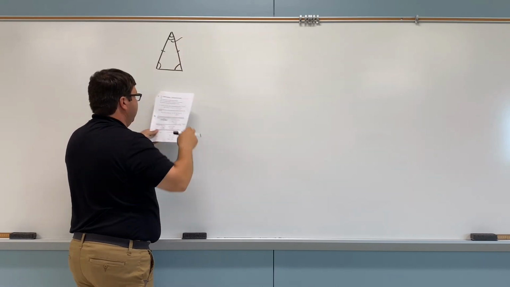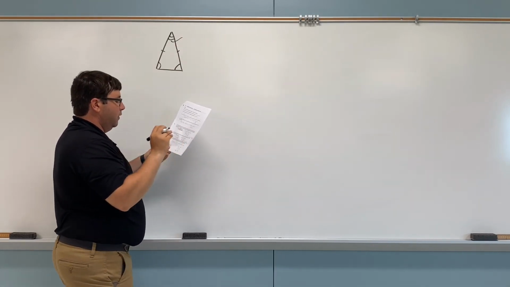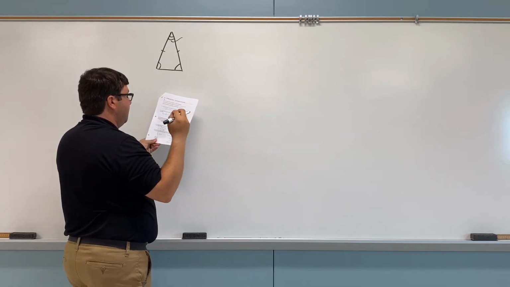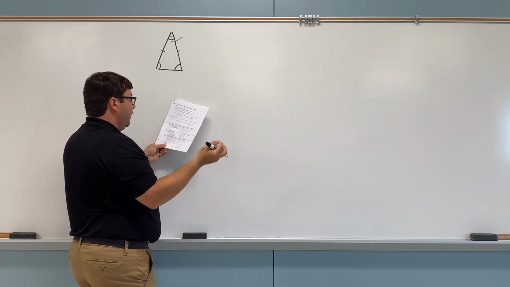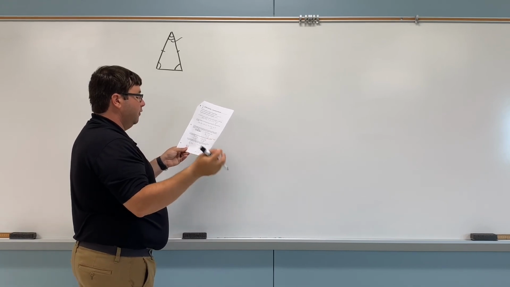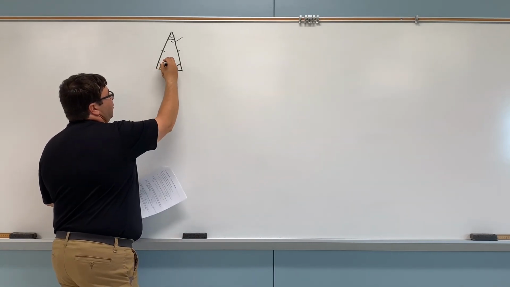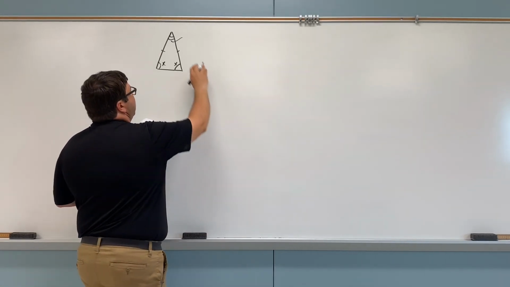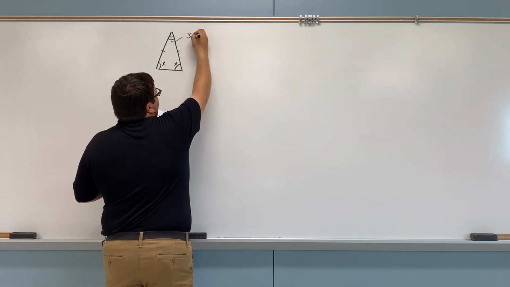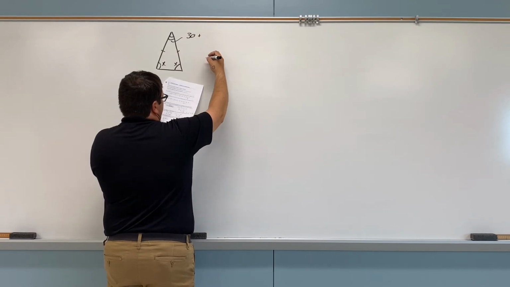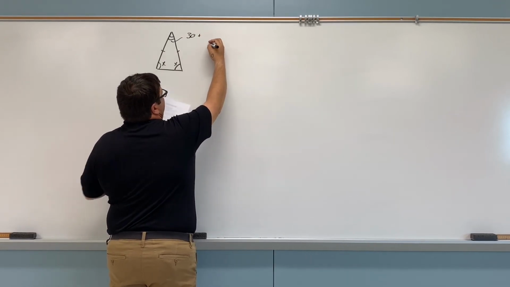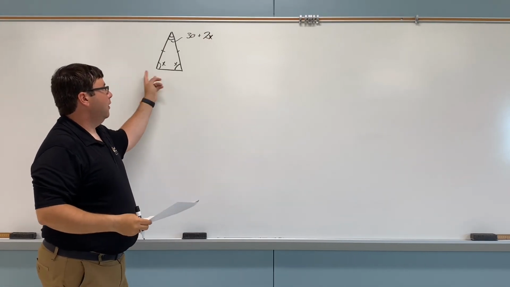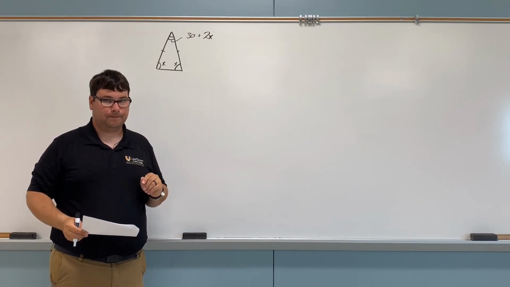We don't know these measures, so they're both x. We know that the third angle is 30 degrees more than twice the measure of either of these two angles.